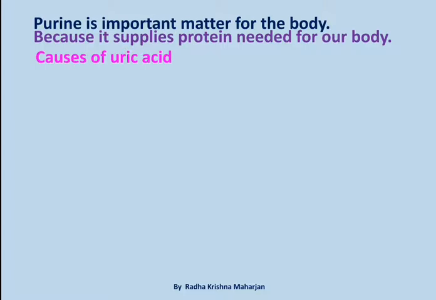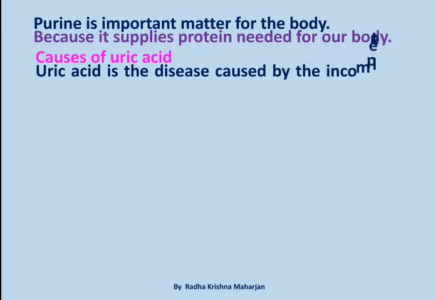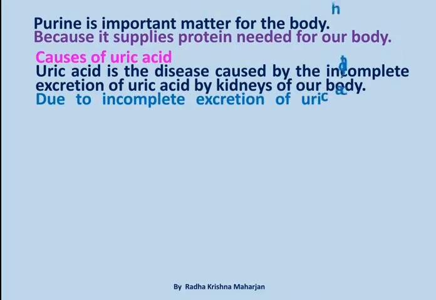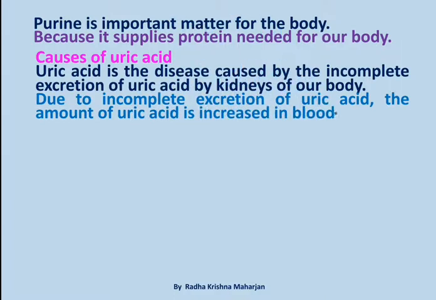Causes of uric acid: it is the disease caused by the incomplete excretion of uric acid by kidneys of our body. Due to incomplete excretion of uric acid, the amount of uric acid is increased in blood.